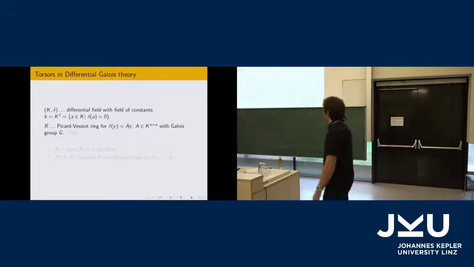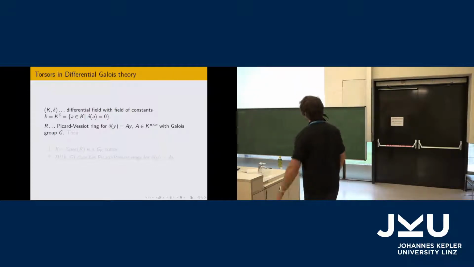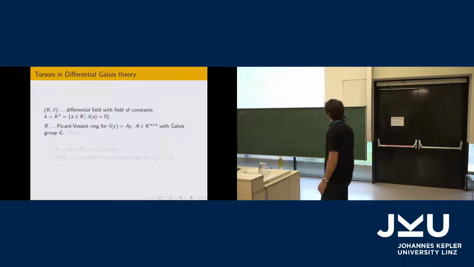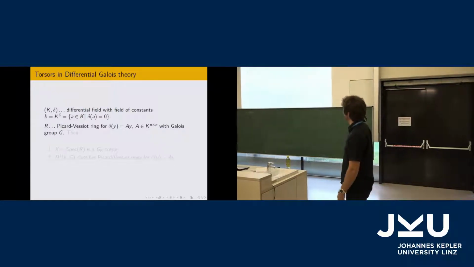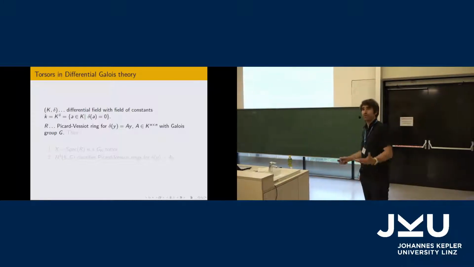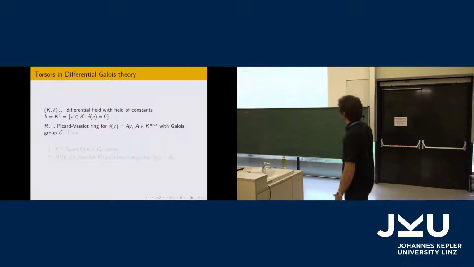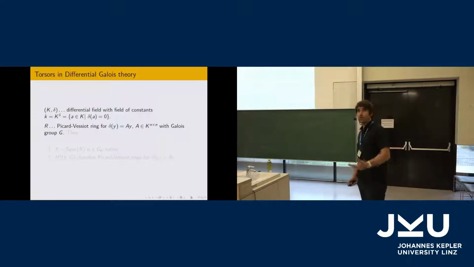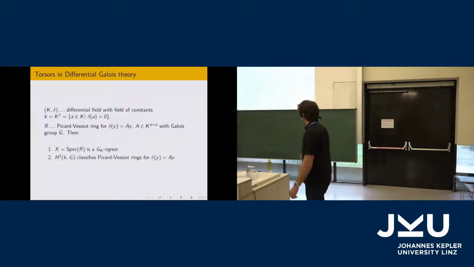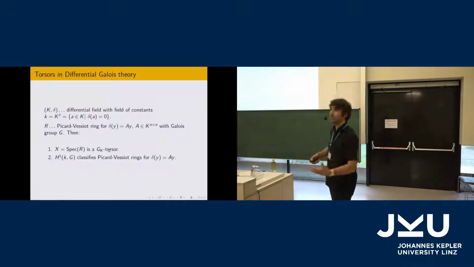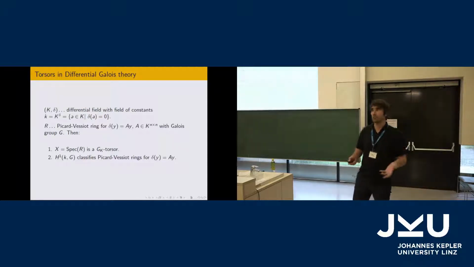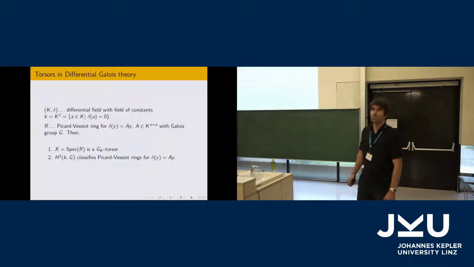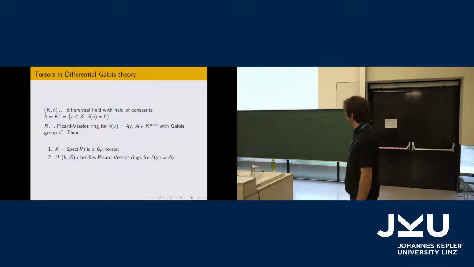If you look at a differential field with field of constants little k, and a linear differential equation over k, and if R is the Picard-Vessiot ring, the solution ring for this equation, and G is the Galois group, the automorphism group of the Picard-Vessiot ring, then it is known that if you think of the Picard-Vessiot ring geometrically, that is, if you look at the spec of the Picard-Vessiot ring, then it is a torsor for the Galois group. That's the torsor theorem, a theorem of Kolchin.